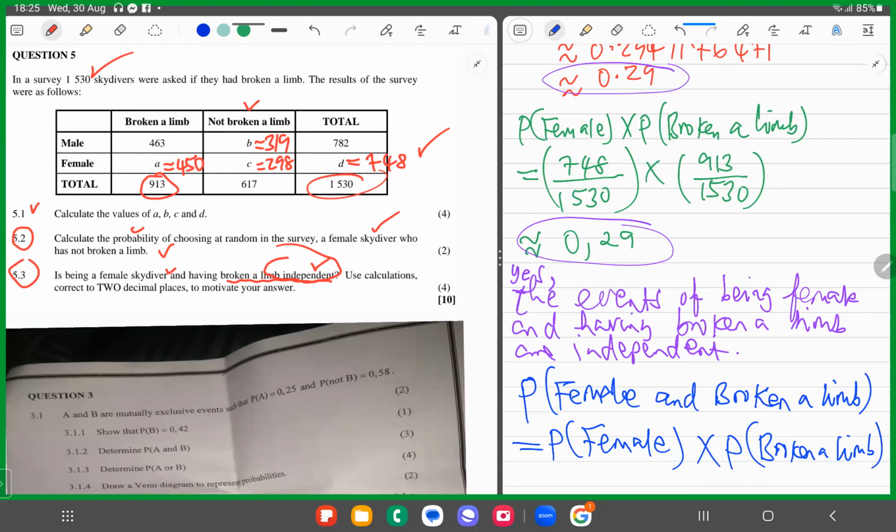The probability of female and broken a limb is the probability of female times the probability of broken a limb. And this is independence of the events. This means these events are independent. Okay.